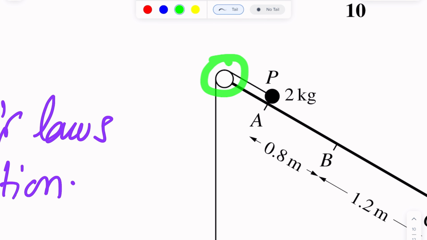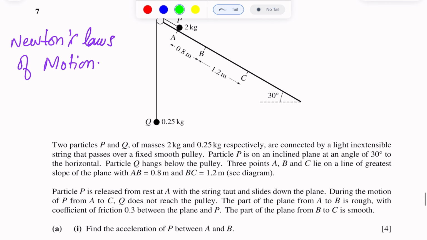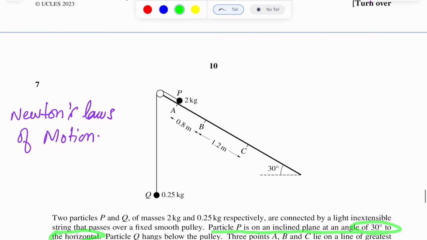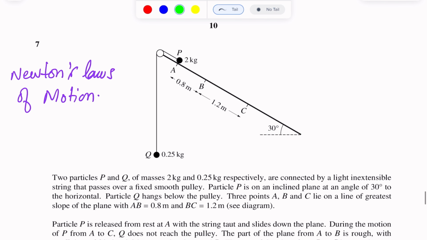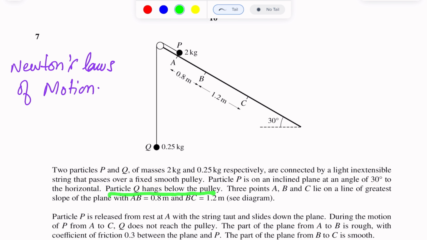This is a pulley and this is a smooth pulley. Particle P is on an inclined plane at an angle of 30 degrees to the horizontal. This angle is 30 degrees. Particle Q hangs below the pulley.